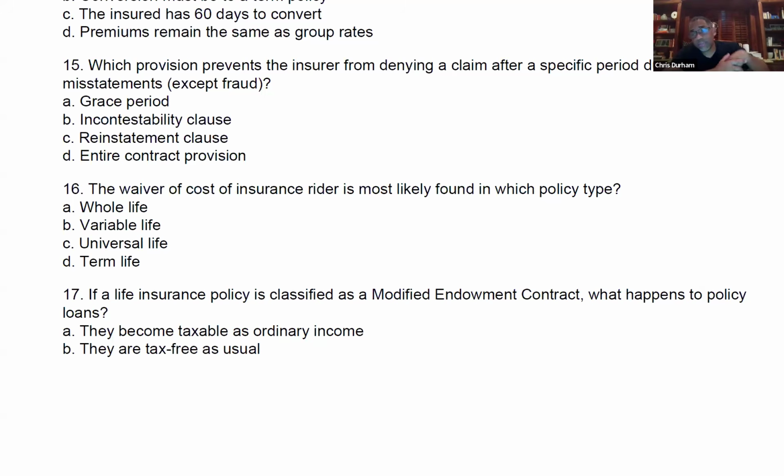Why they would change the name, I have no idea. I would have got it right just because I know cost of insurance goes with universal life, but they don't usually explain it like that on the test or in the class.